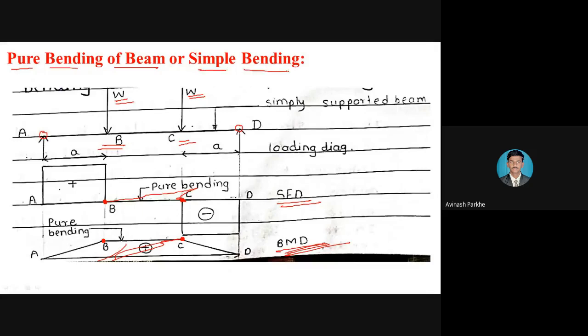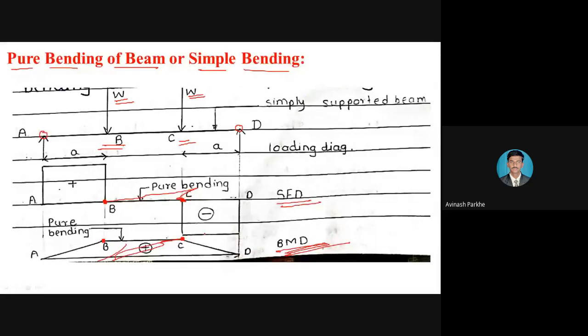So once again repeating, when the shear force is 0 but bending moment is maximum, that particular concept is called as a pure bending. This is the definition number 1. Second definition, when beam is subjected to the constant bending moment and there is no any shear force in that particular portion, जिथं bending moment constant आहे पण shear force 0 आहे, that concept is called as a pure bending.